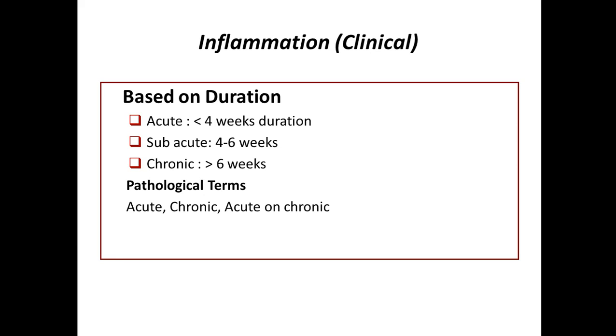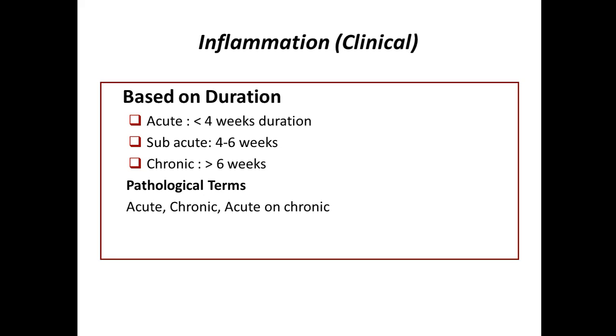Naturally, if the invading agent is severe, if it is prolonged, or if there is some problem in our immune system, for example, if a person is immunocompromised, and if the inflammation in its acute form cannot resolve the problem, then it will evolve into chronic inflammation.